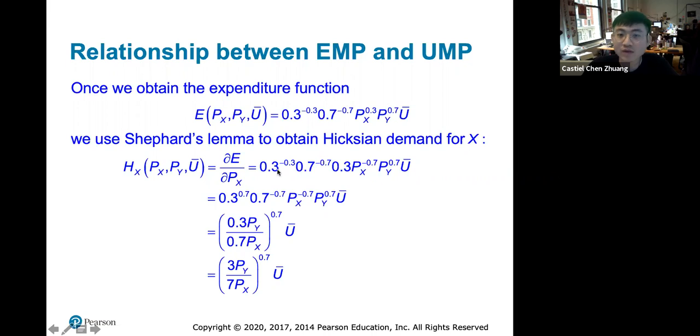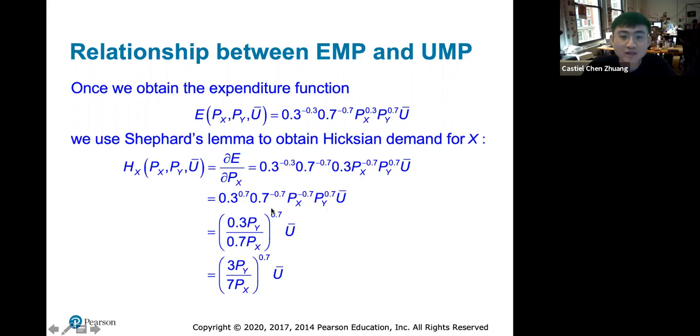When you take down 0.3, you combine the 0.3 to the power of 1 with 0.3 to the power of negative 0.3, and then it becomes 0.3 to the power of 0.7. And then you subtract 1 from 0.3, so it becomes negative 0.7. So when you combine these two, you get this, and because you subtract 1 from 0.3, you get negative 0.7.